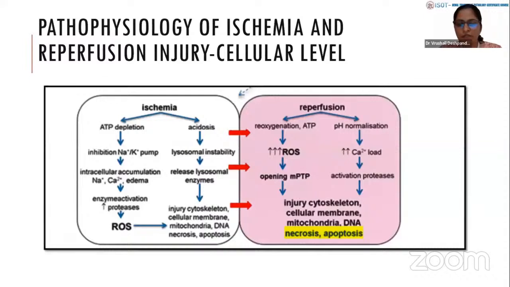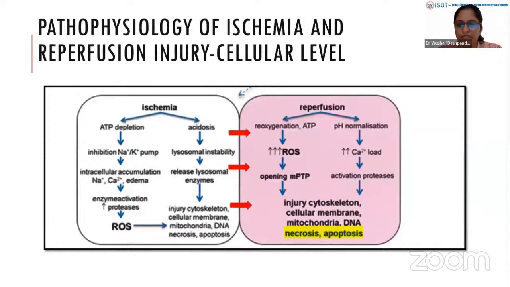Now let us have a look at what happens when there is reperfusion. When the blood flow is restored, the oxygen supply is restored to the organ. And because of that, in the compromised milieu of ischemia, after the organ is getting oxygen, there is a burst of reactive oxygen species, which are harmful to the cell, the mitochondria and the cellular membrane.